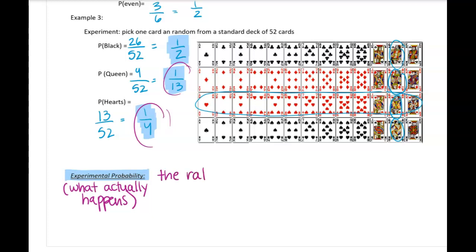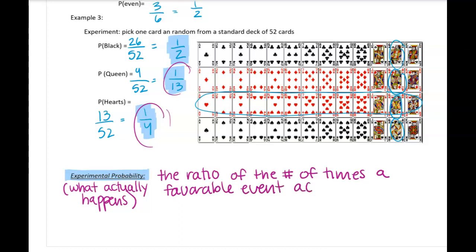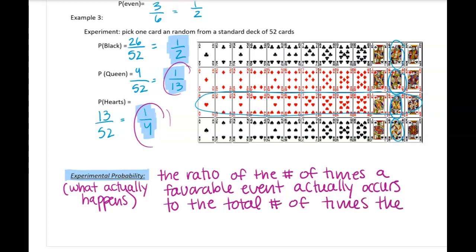So it's the ratio of the number of times a favorable event actually occurs to the total number of times the experiment occurs.